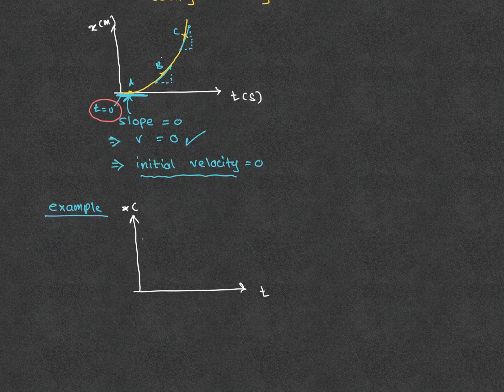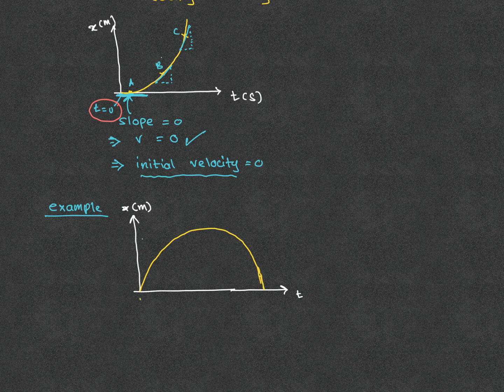X-axis meaning the x displacement axis, and the time axis, not the y-axis, time axis over there. And if I give you a plot like this, let me erase the axis over here and extend that a little bit like that. So you should be able to explain the nature of this graph.